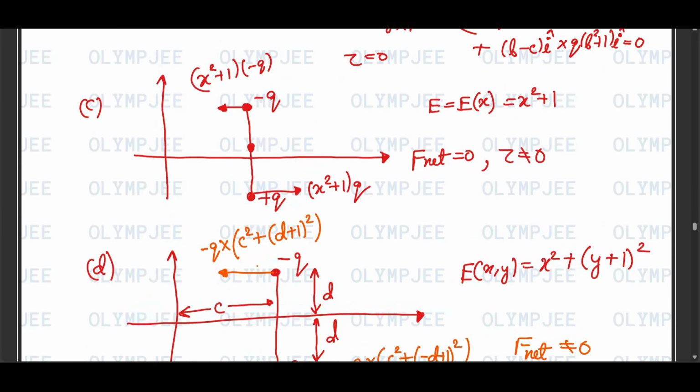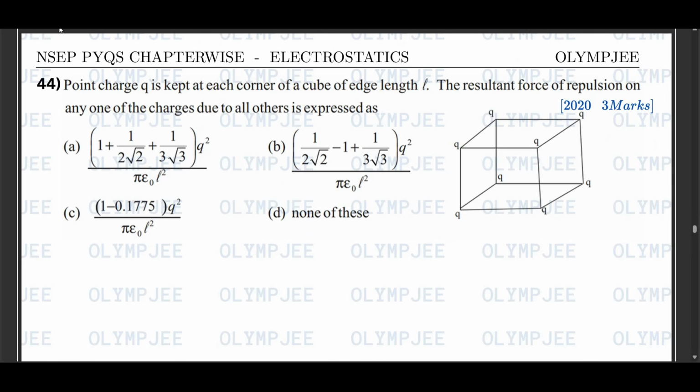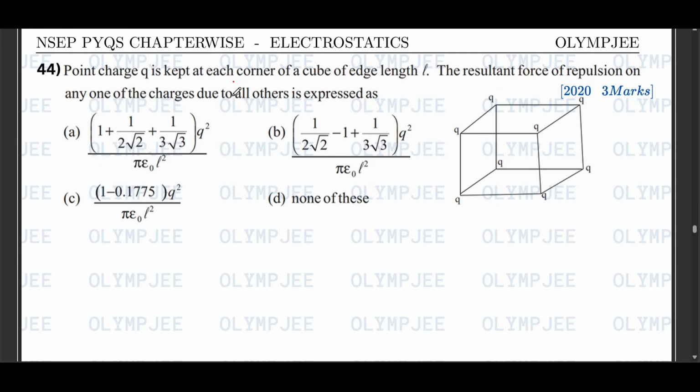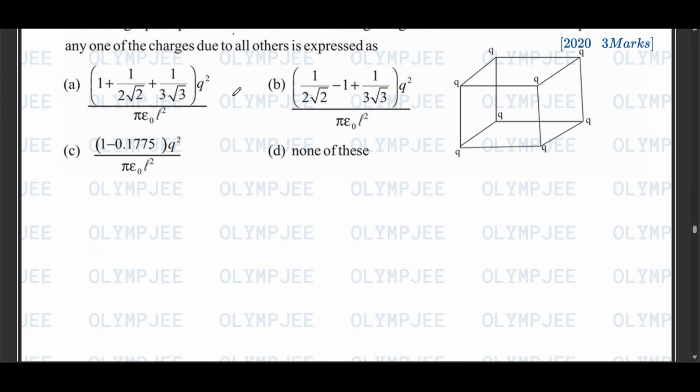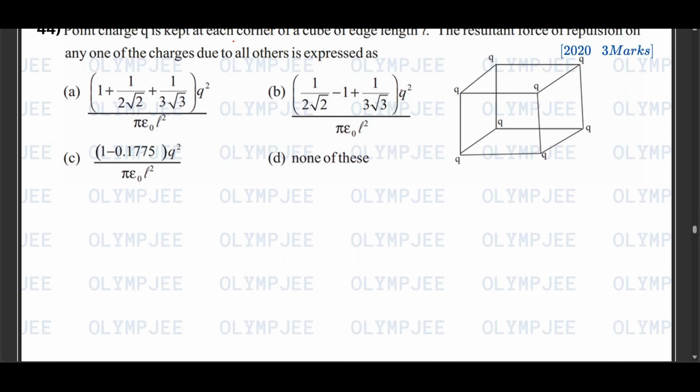Now let us move on to question 44. Question 44 says a point charge Q is kept at each corner of a cube of length L. The resultant force of repulsion on any one of the charges due to all the others is expressed as. Okay, so let me draw here only.